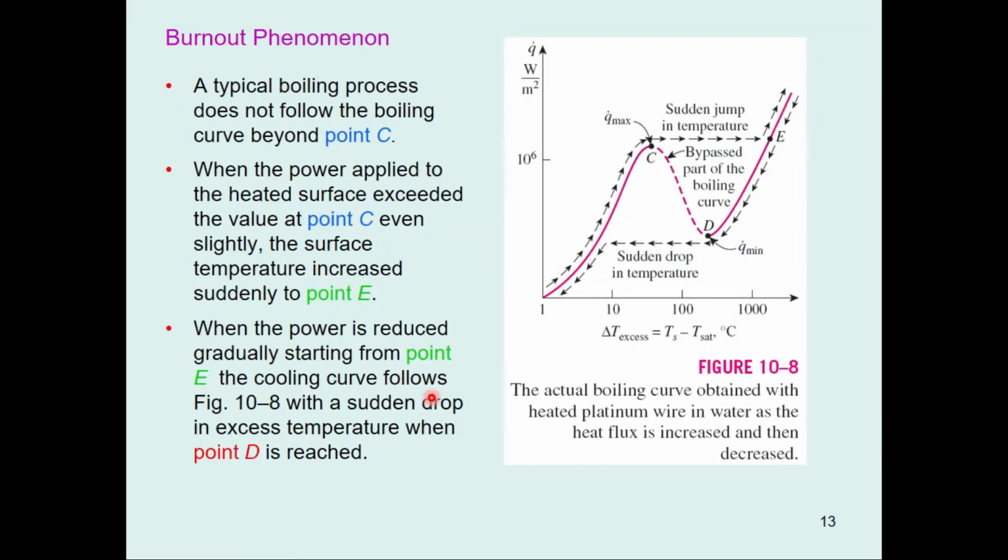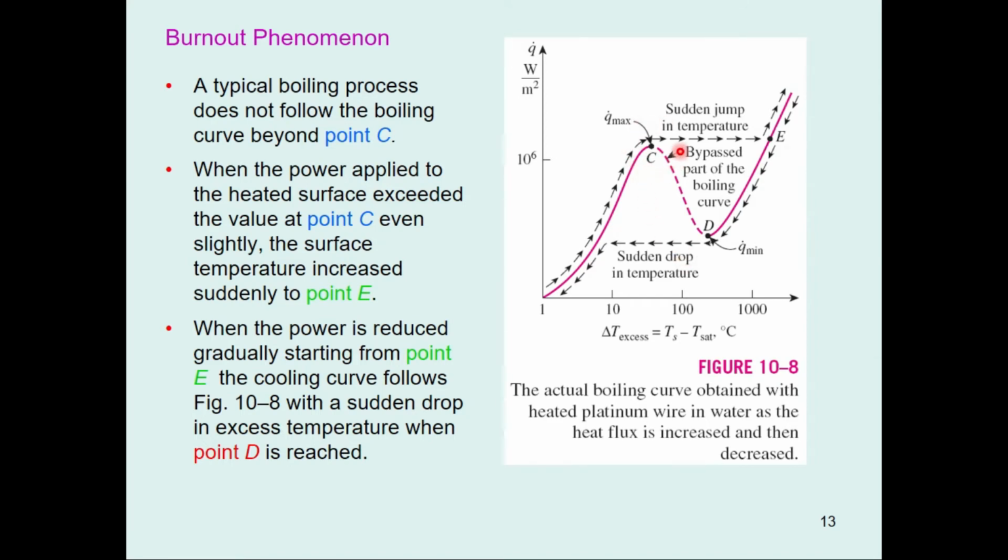So on the boiling curve, this is the same boiling curve, and this is a part of the boiling curve in which we have just mentioned the points C, D and E, right? So this is a typical boiling process. In a typical boiling process, it does not follow the boiling curve beyond this point C, right?